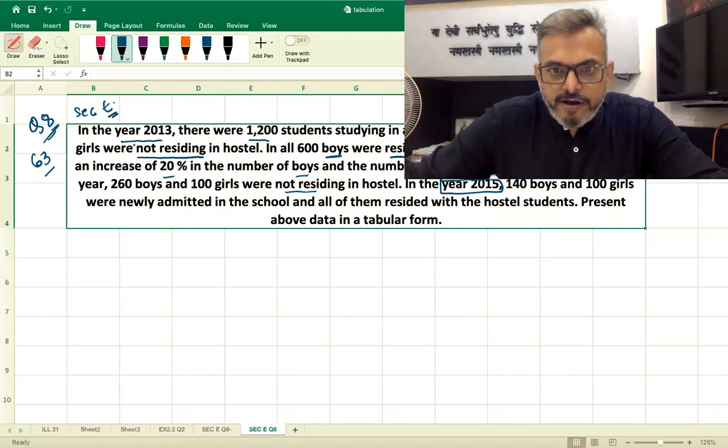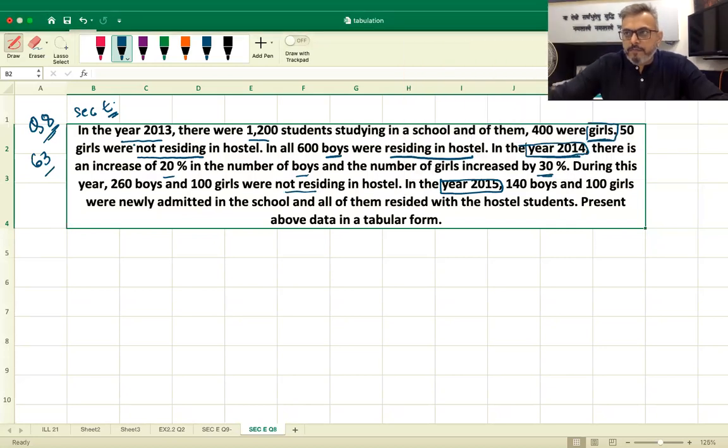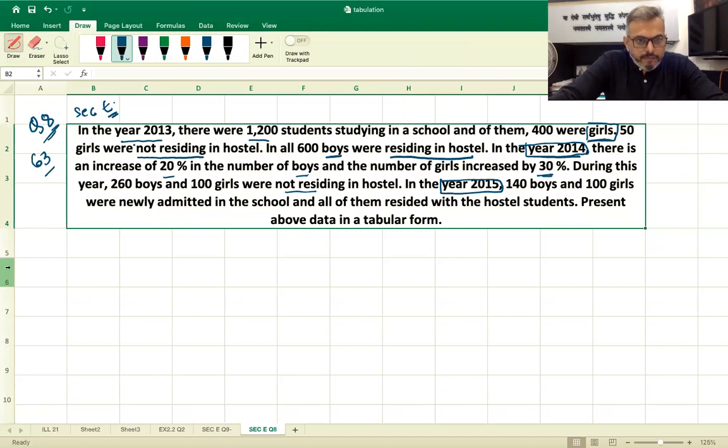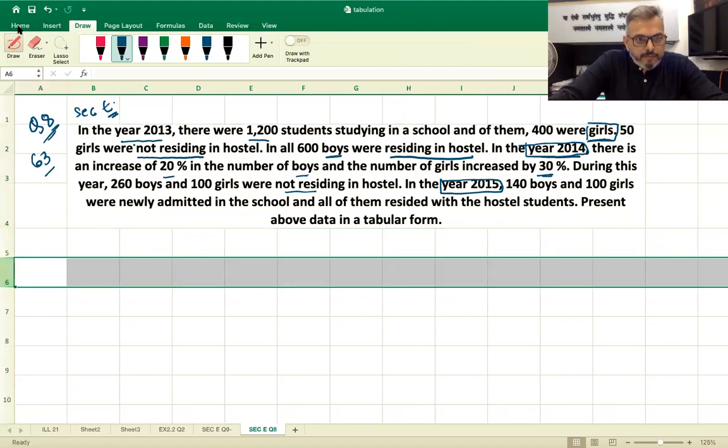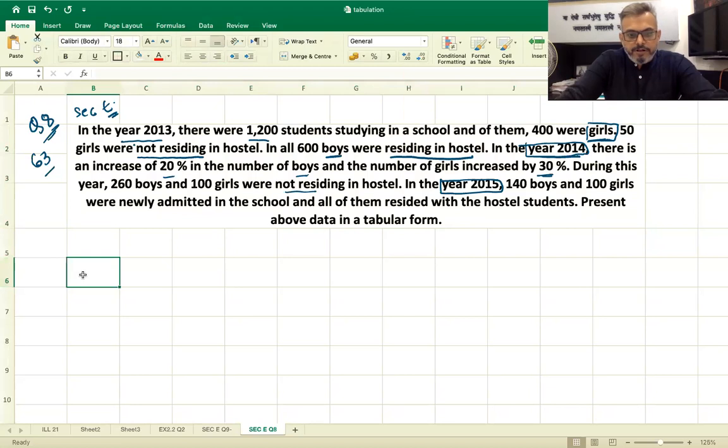So first, let's write the heading. Okay, table showing. Don't forget the heading, please.